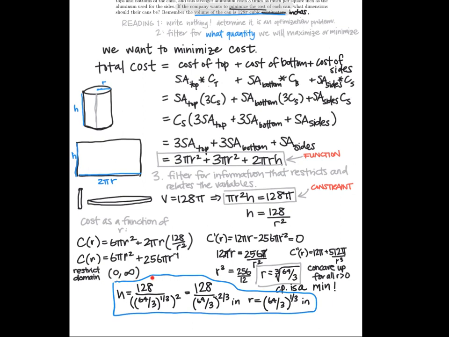Neither of the endpoints were included, so we were only looking on the interior of the interval in order to find critical points. Applied the first derivative test to do that, found one, applied the second derivative test to classify it as a minimum, and then reread the problem one last time in order to make sure that we had found the complete solution and not just done this and left us hanging in terms of actually finding the dimensions.